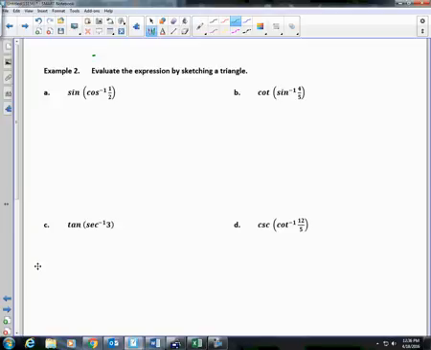If I were to give you this, maybe you can tell me what sine inverse of sine of 0.3 is. 0.3. They're inverse operations, they go away. What about cosine inverse of cosine of some angle?